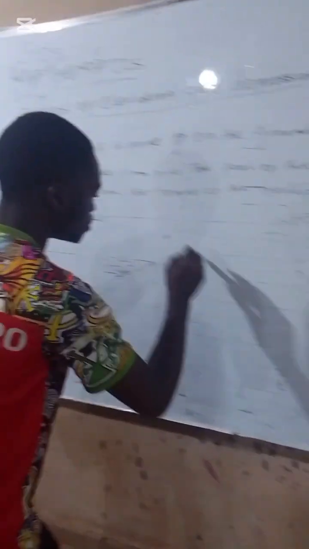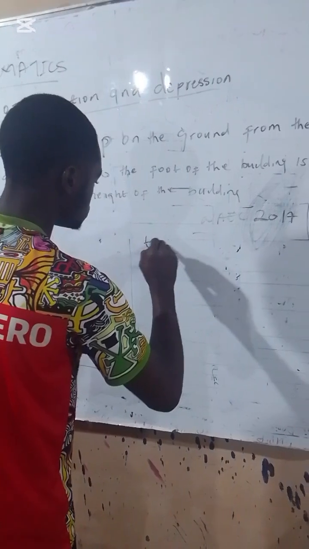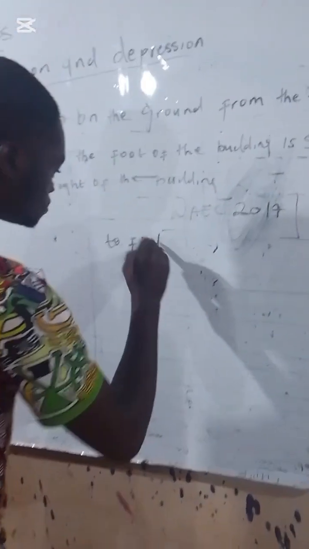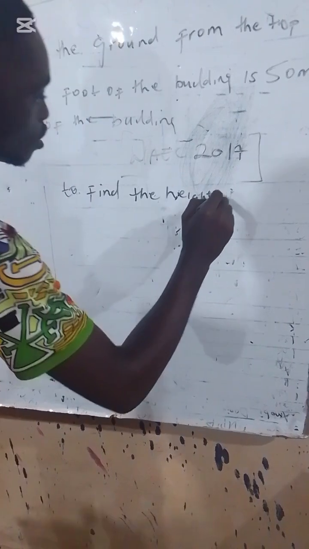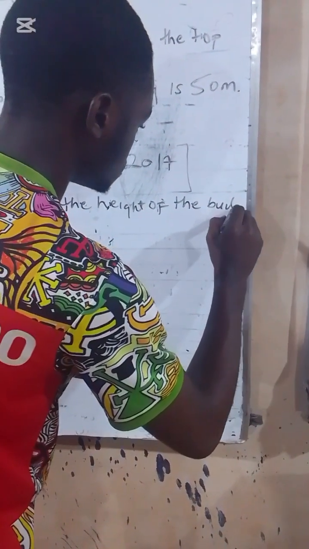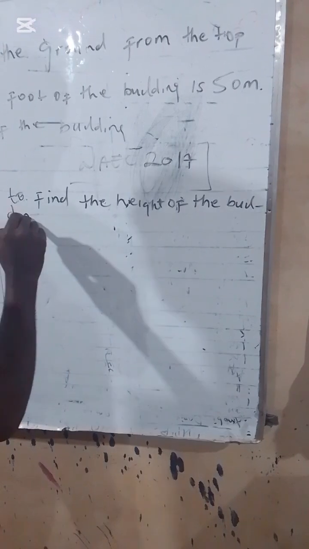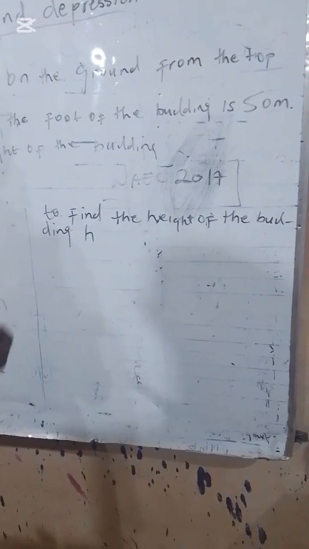So for us to find the height is not an issue. Let's find the height of the building, labeled h, small letter h.